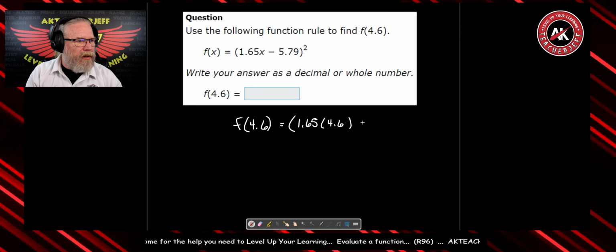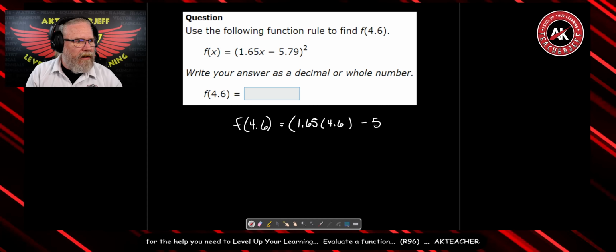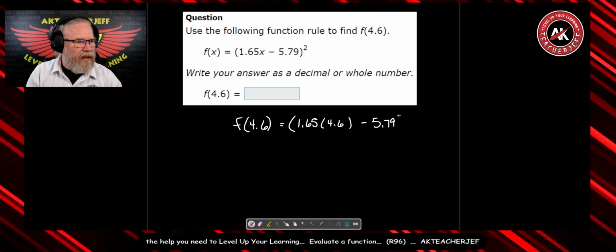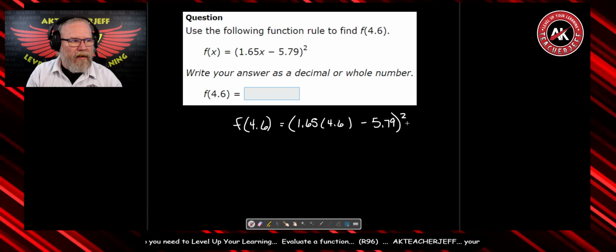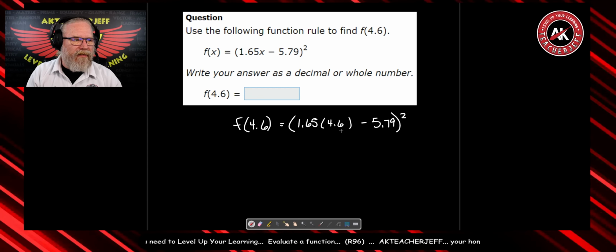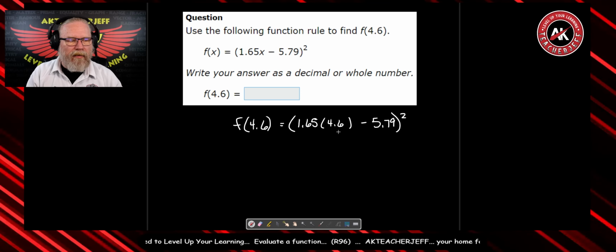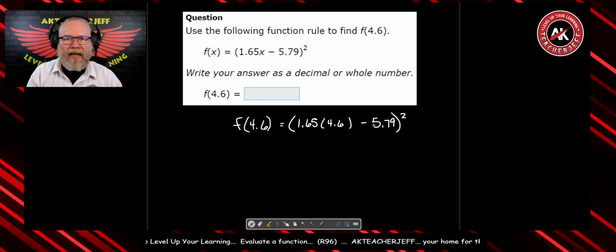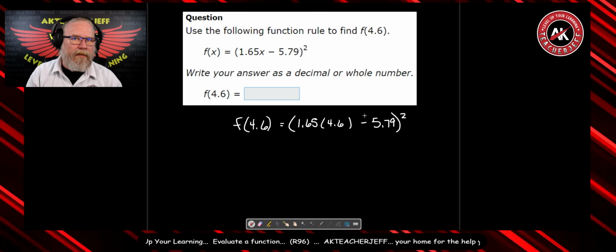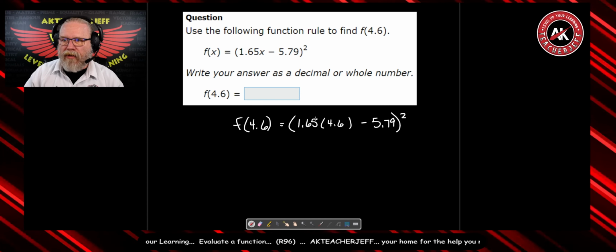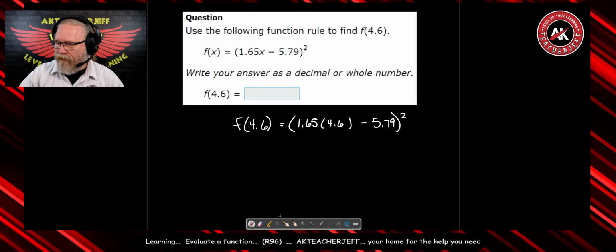Then we subtract 5.79, close the parenthesis, and all that is squared. I would take the 1.65, multiply it times the 4.6, get a number, and subtract. As a matter of fact, let's use the calculator and do this step by step instead of plugging it all in at once.